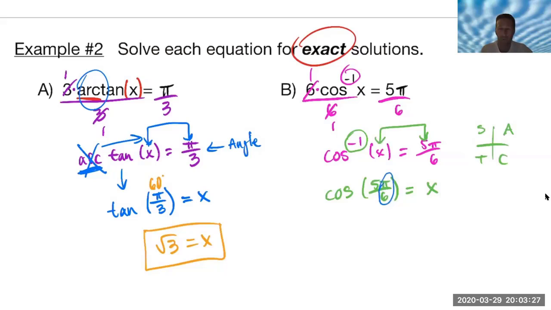Hopefully you all said 30. And then 30 times 5 is 150. So that would take us right here with the reference angle of 30 degrees, or pi over 6. And that therefore tells us that it's going to be negative. And hopefully you remember the cosine of 30.